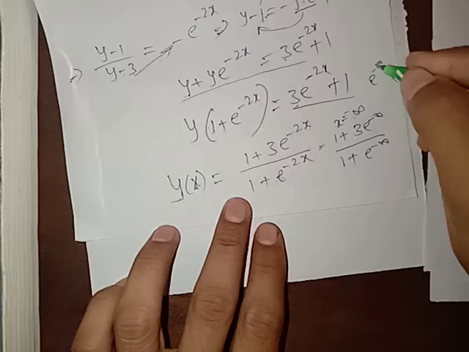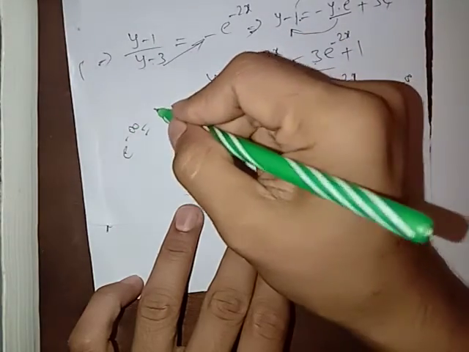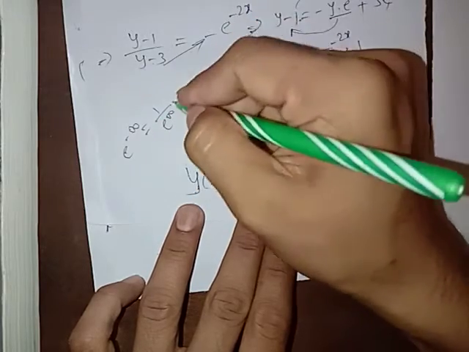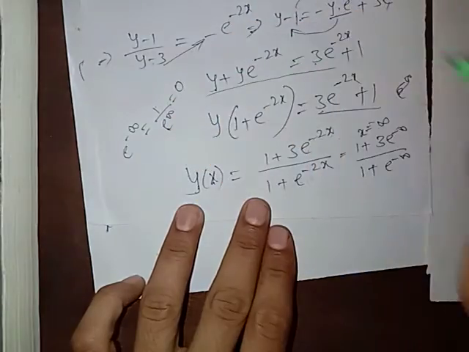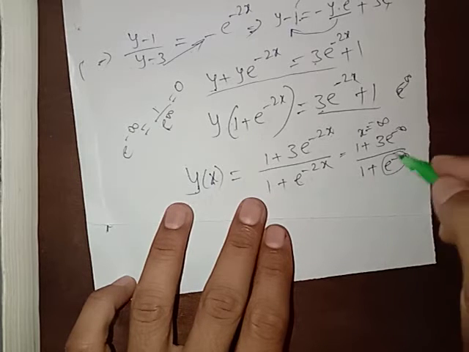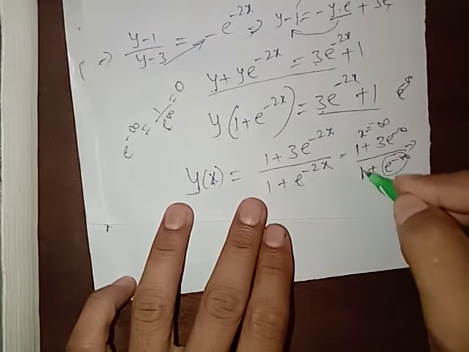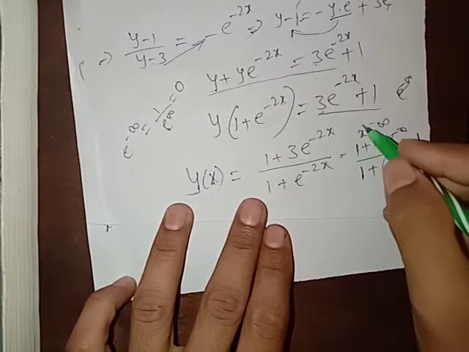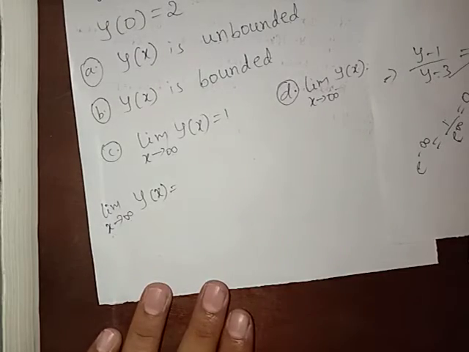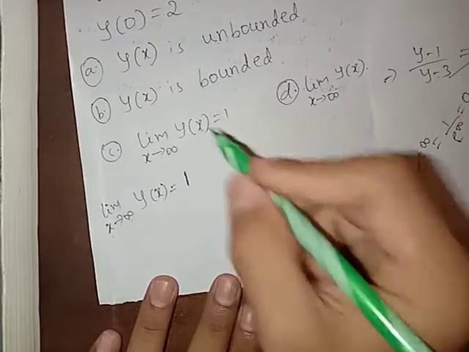Exponential of minus infinity means 1 divided by exponential of infinity, so 1 divided by infinity means 0. So this term becomes 0 and this term becomes 0. So 1 remains here. So limit x tends to infinity, we get 1. So choice C is correct.